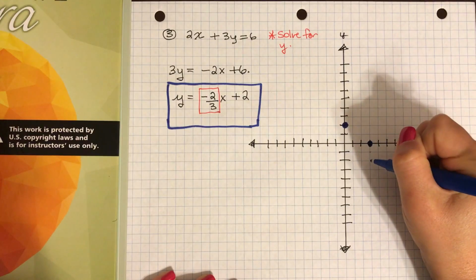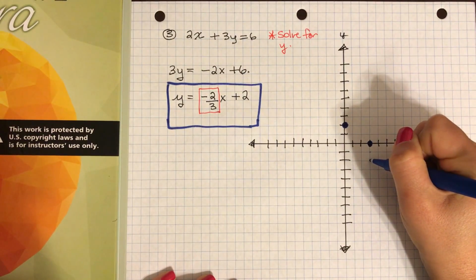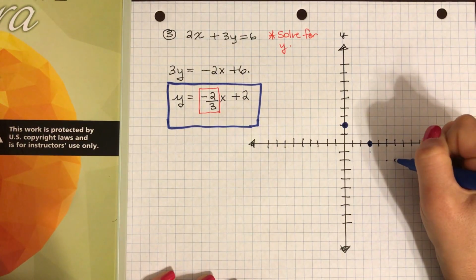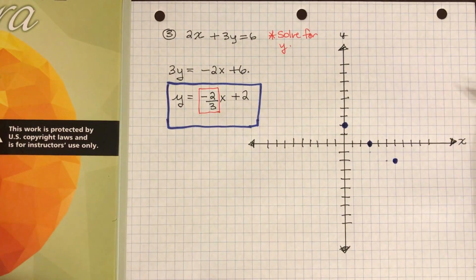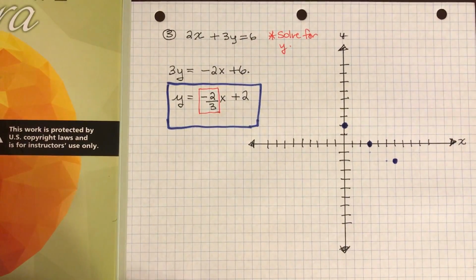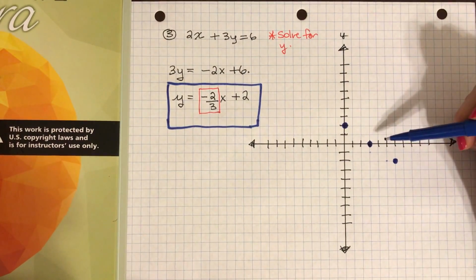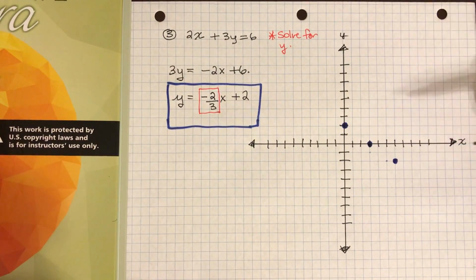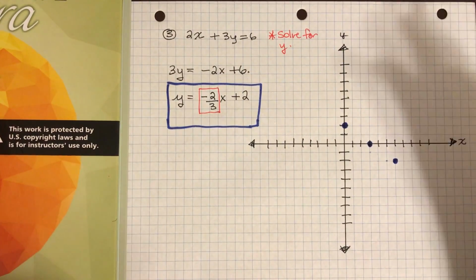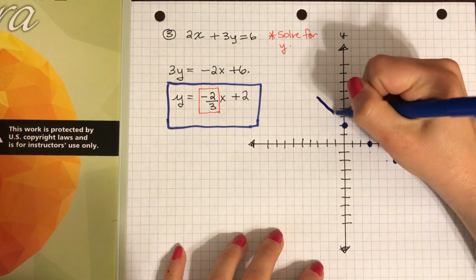Down 2, 1, 2, and then you're going to go 3 to the right, 1, 2, and 3. And that gives us 3 points. You can always get more points if you want, but 3 is good enough. As long as all 3 points line up, then your graph should be correct. If you happen to see that your points do not line up, then that means there's a mistake.